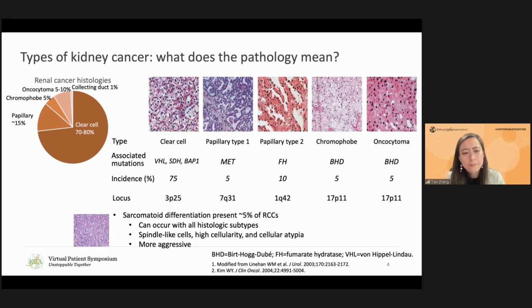So that's why these cells are a bit different than what we see in each of these histologies, but they can occur, and you can see that as part of the pathology report if you're looking through any sort of surgery or biopsy reports.